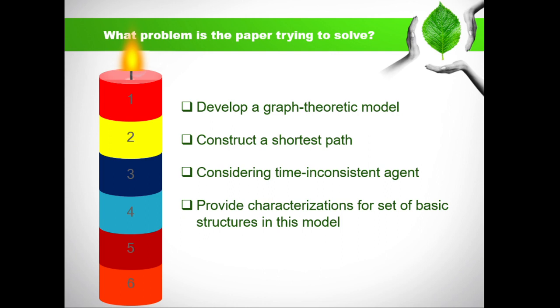The study results provide a characterization for the set of basic structures in this model, including graphs achieving the highest cost ratios between time inconsistent agents and shortest paths, and have investigated the structure of minimal graphs on which an agent is motivated to reach the goal node.